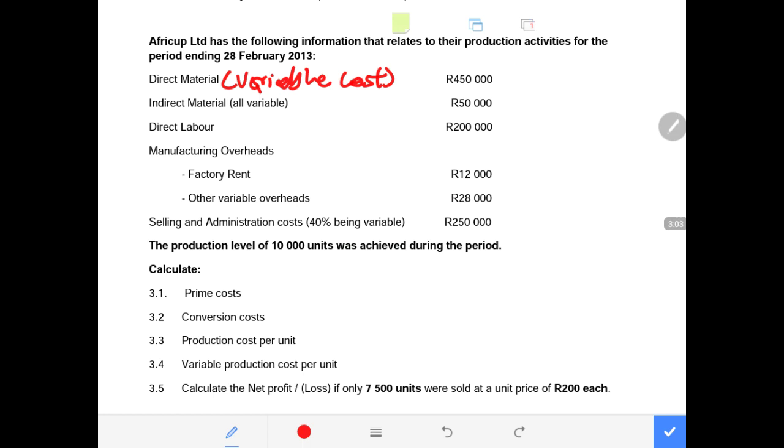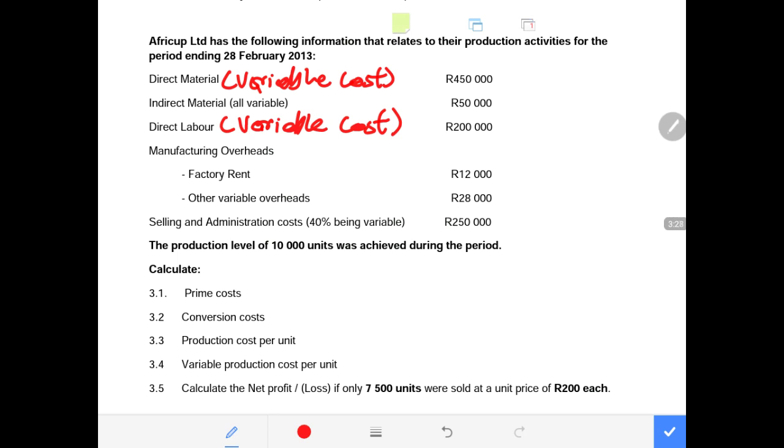Now we have direct labor. As I said to you, all the direct costs are variable cost, and we know that variable cost changes as the production changes. Meaning when production increases, then our variable cost will also increase, and when production decreases, our variable cost will also decrease.